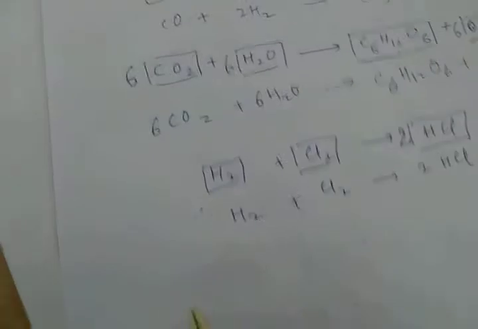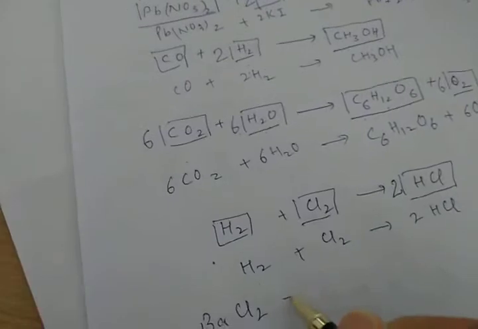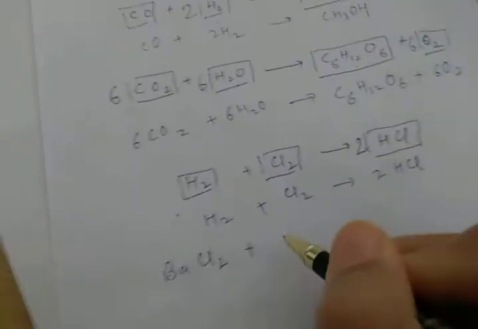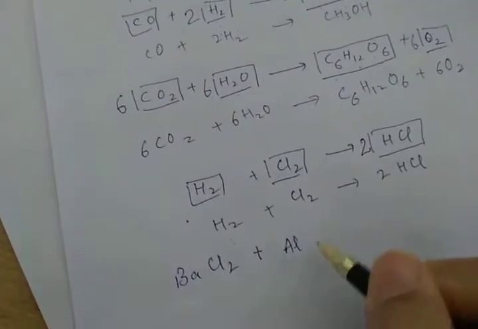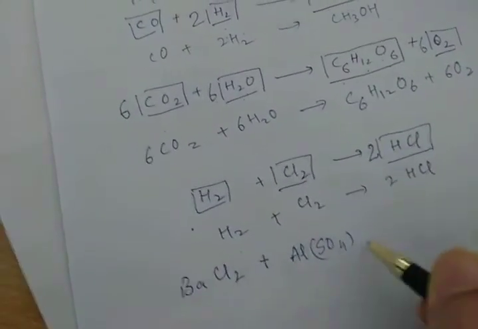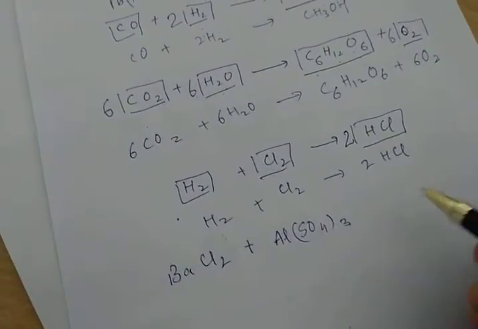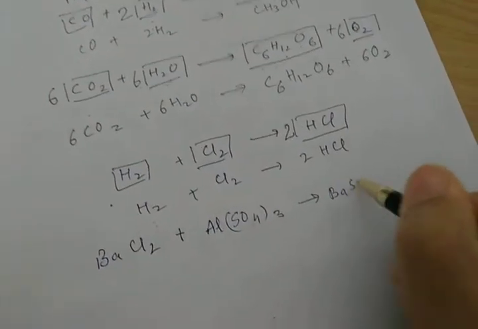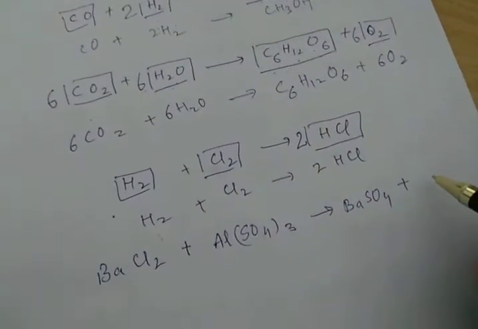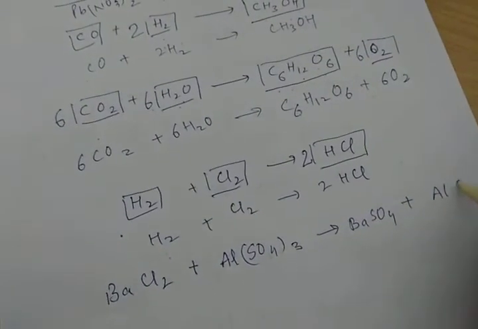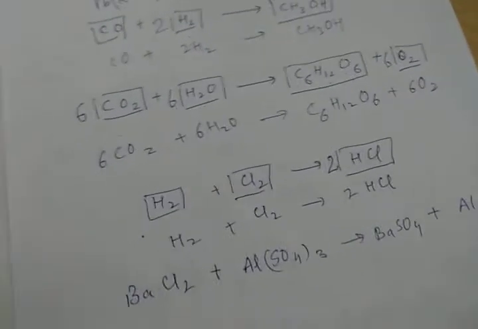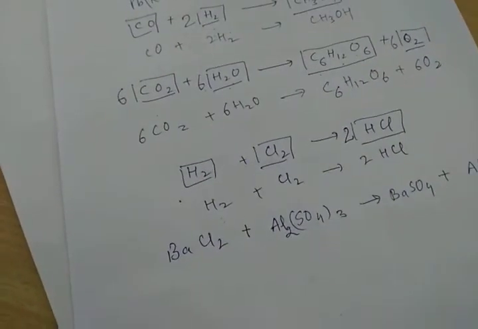Now write down barium chloride, BaCl2, plus aluminium sulfate, Al2(SO4)3, changes into barium sulfate plus aluminium chloride.